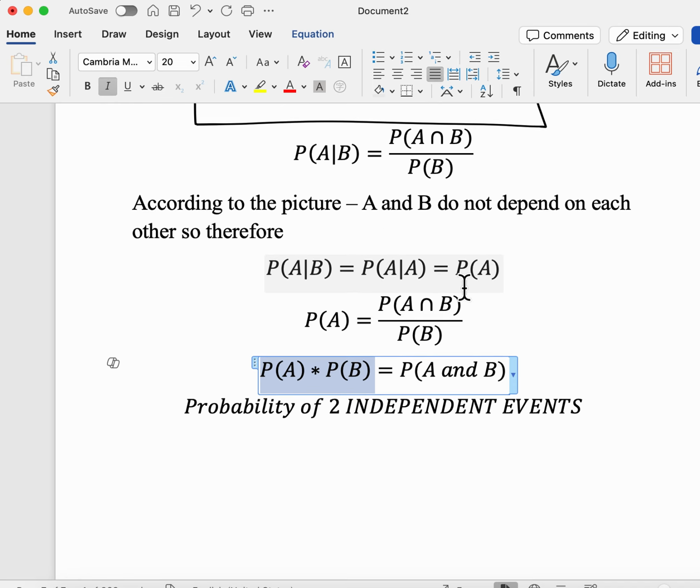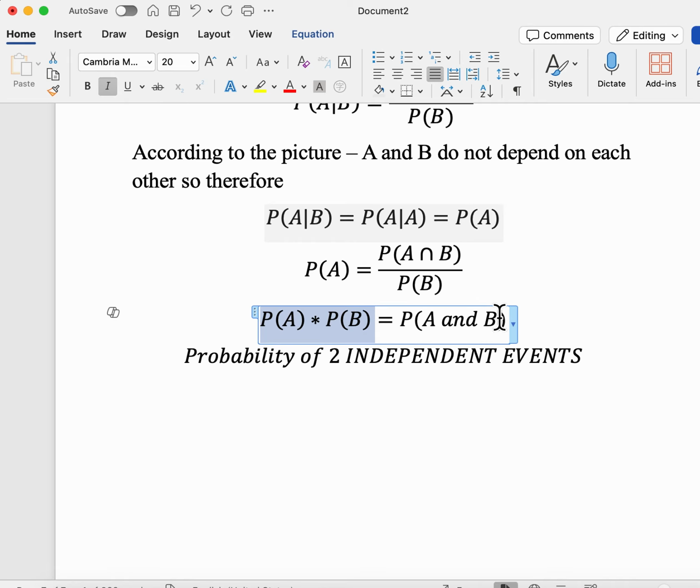To give a real life example, let's say that it's raining today. Does the probability of it raining today depend on whether it rained yesterday or 2 days ago, 3 days ago, or tomorrow? If it did, then it's dependent. If it did not, it's independent. So in the case where it's independent, you can just multiply the probabilities together.